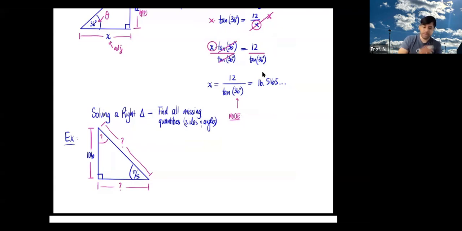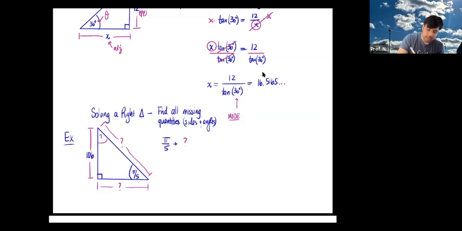I know that the sum of the angles in a triangle add up to 180 degrees. So I know this angle is already 90, which means that these other angles have to add up to 90. Theta, which is pi over 5, plus this missing angle must equal 90 degrees, but I want radians. 90 degrees in radians is pi over 2.